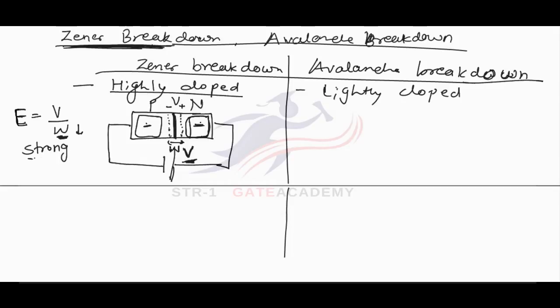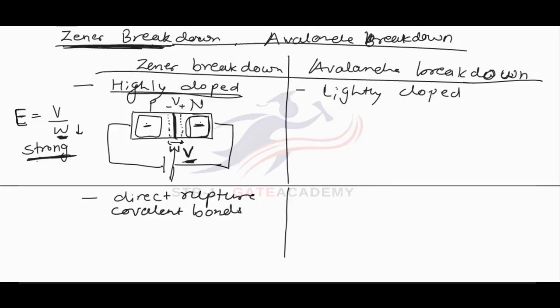So in highly doped diode, the electric field across the depletion layer is very strong, and if the electric field across depletion layer is strong, there may be a possibility of direct rupture of covalent bonds, and due to direct rupture of covalent bond, electron holes are generated, and if charge carriers are generated, current I will increase.